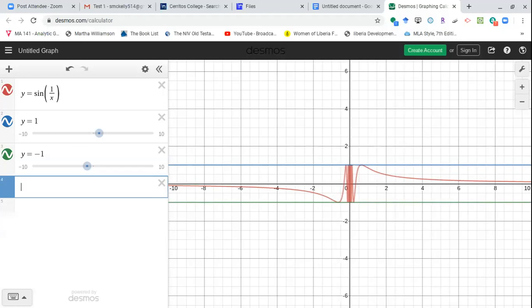So now what you do is you say, we know that the sine of 1 over x can be between -1 and 1. Now, we know that since x squared is always greater than 0, it's always positive.